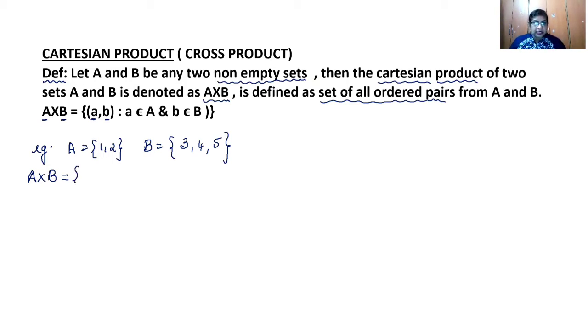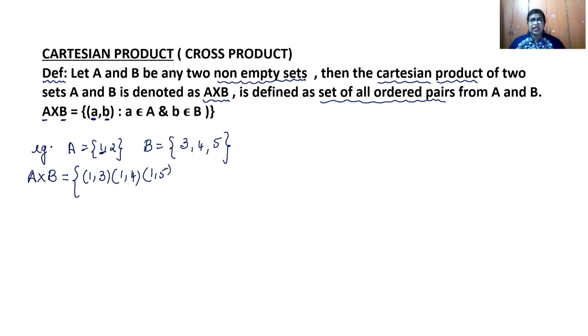Here it is the set of all. First let me fix 1 and pair it with all the elements of B. So it is (1, 3), (1, 4) and (1, 5). I have taken 1 from the first set and paired it with all the elements in the second set.